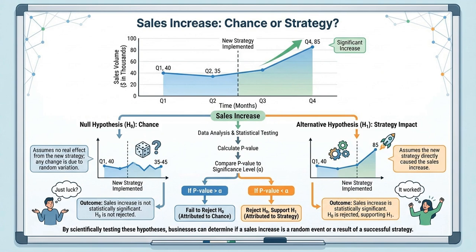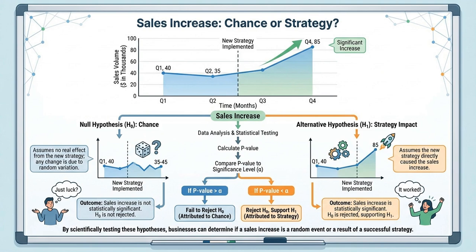Imagine a sales manager, let's call her Amy, who implemented a new sales strategy in December, and sales increased by $10,000 compared to the average December sales over the past 10 years. We can frame this using statistical hypotheses. H0: mean A minus mean B equals 0. H alternative: mean A minus mean B does not equal 0.